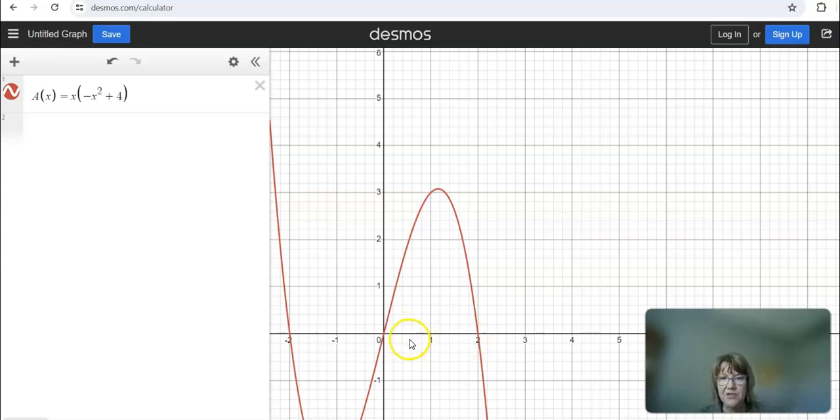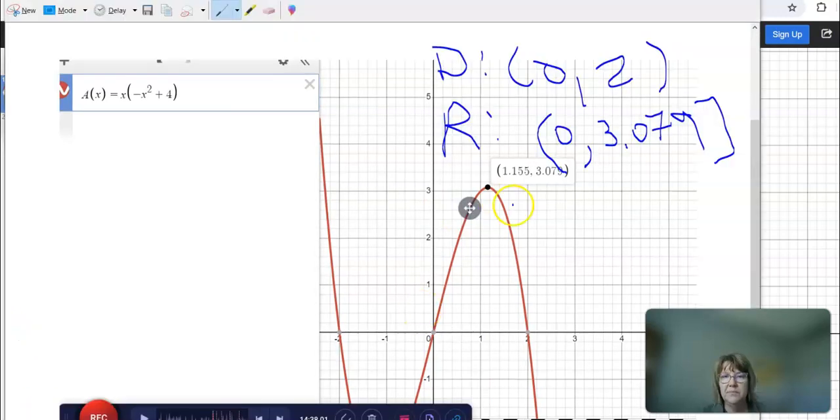And as far as your range goes, 0 is not included. You can't have an area of 0. And then your maximum is that, so bracket 3.079. So again, domain 0 to 2, because that's your width, can't be 0, can't be 2, anything in between is okay. And the range can't be 0 for area, but the max area can equal that, so you get brackets.